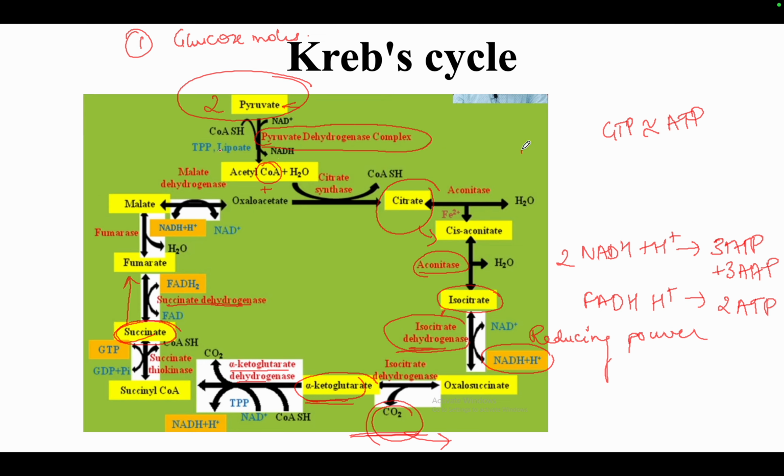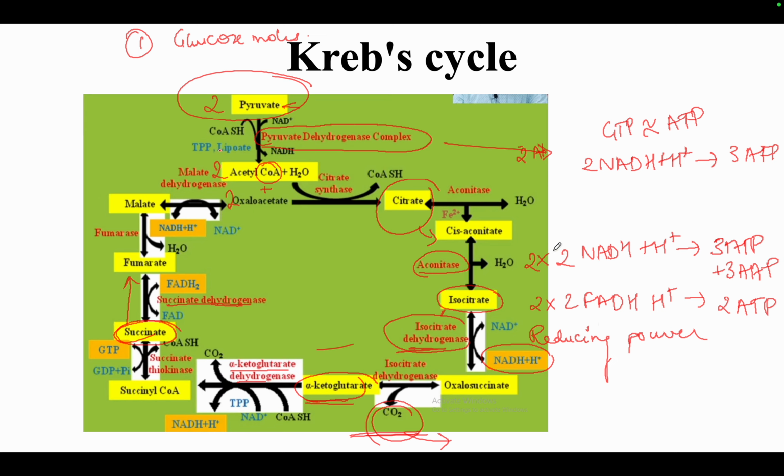So we have two NADH getting generated from one glucose molecule, which will give us 3 ATPs, and then all of this will get multiplied by 2, because this cycle will go twice. There are two pyruvate molecules, so we'll get 2 acetyl CoA molecules, and these 2 acetyl CoA will interact with 2 oxaloacetate molecules, so we have to multiply everything by 2.